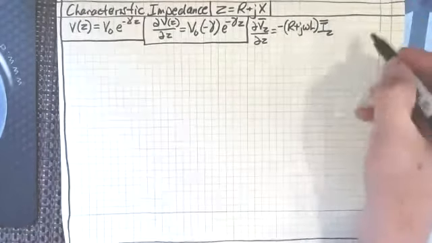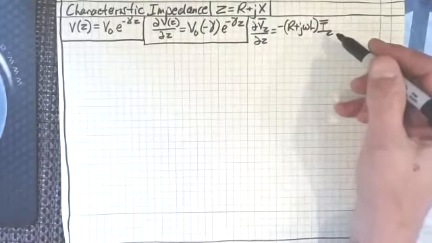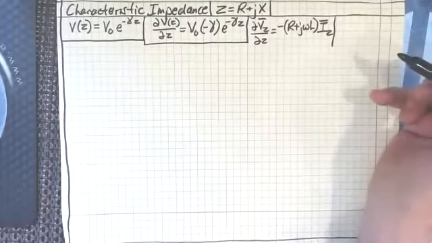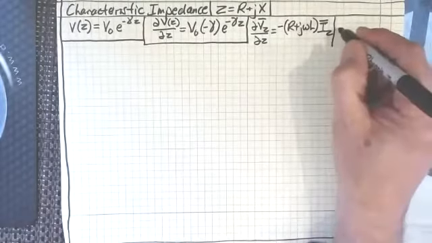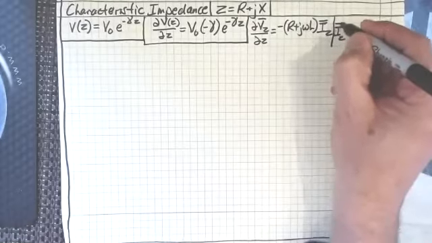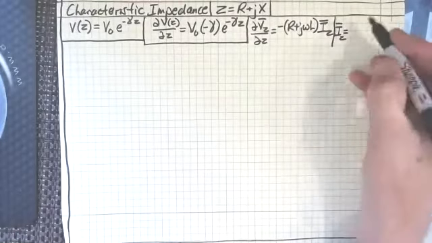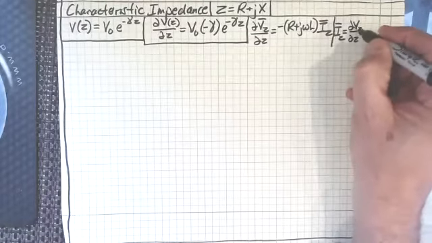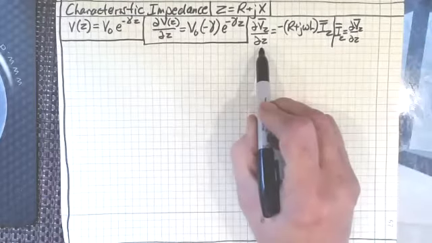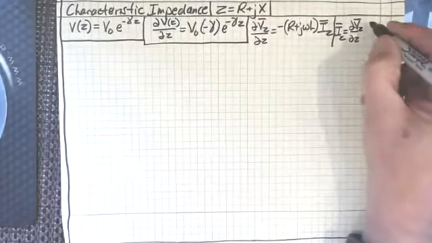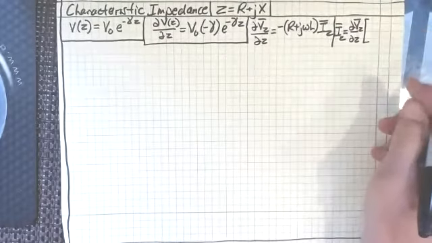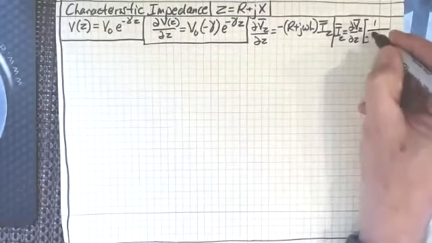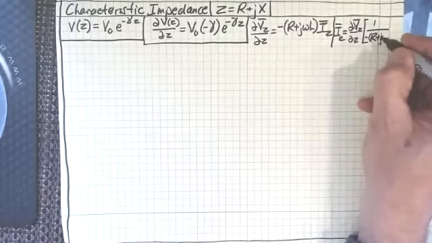You know, I could rearrange that somewhat, and I could say that I sub z bar equals the partial derivative of V with respect to z, times 1 over minus (R plus j omega L).